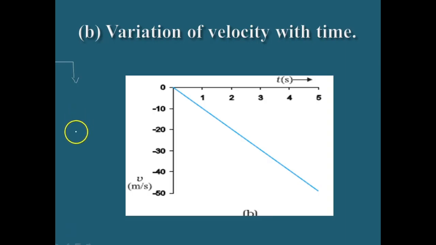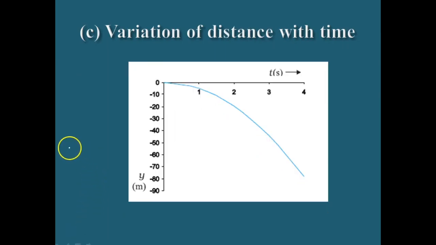And the third case is the variation of distance with time. So all these three cases are for a free fall of a body.